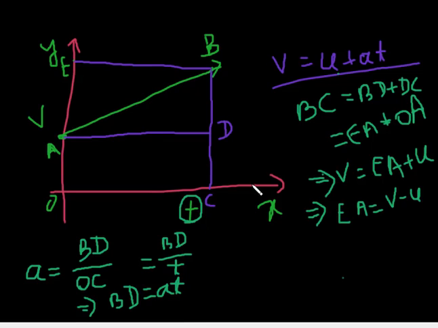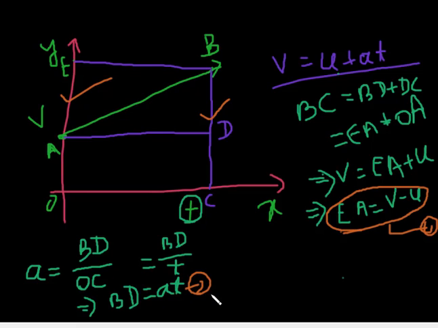Okay, now if I go back to this point where EA is equal to V minus U, what is EA? EA is nothing but BD, both are same. So in place of EA, I can write BD. That means this equation and this equation are both same.